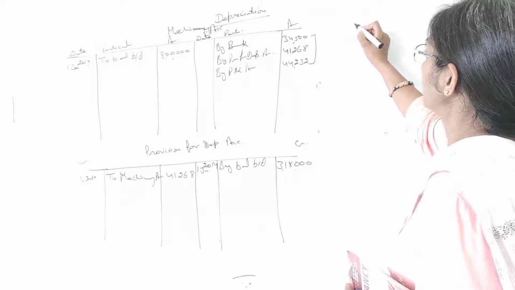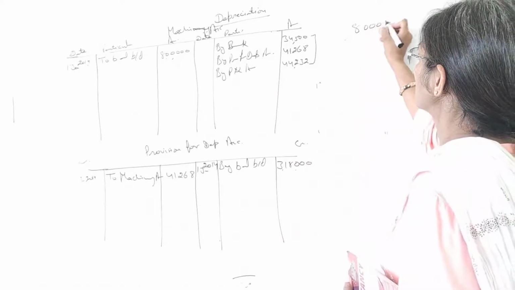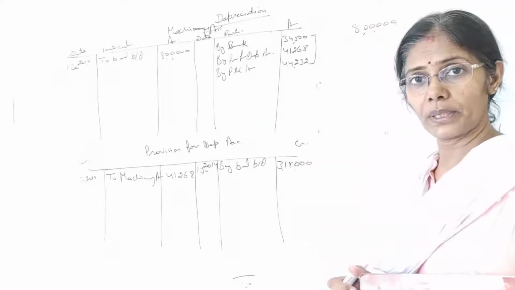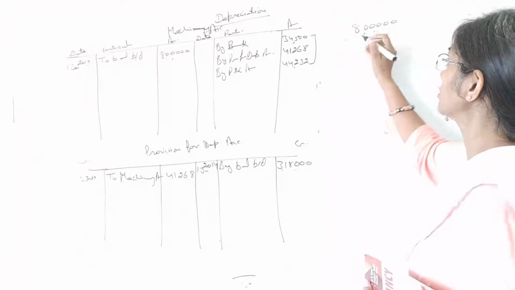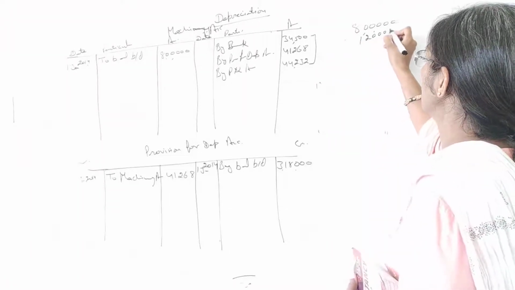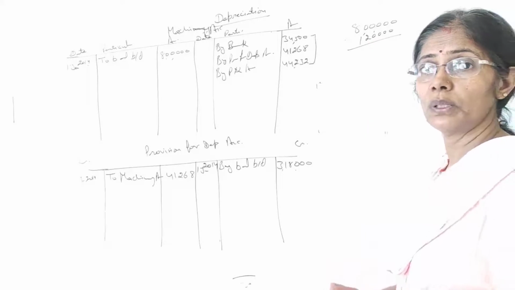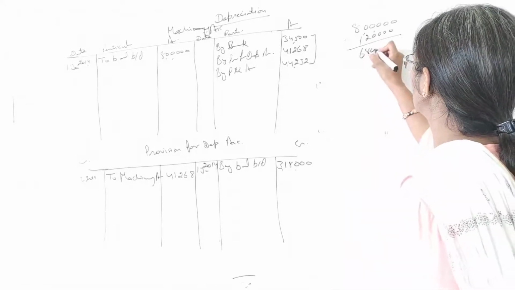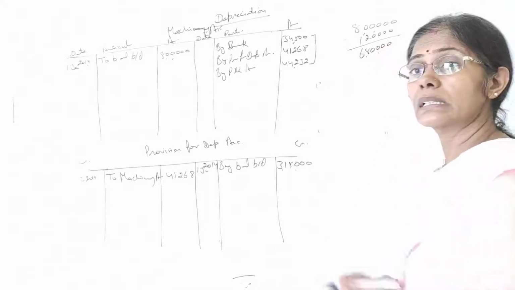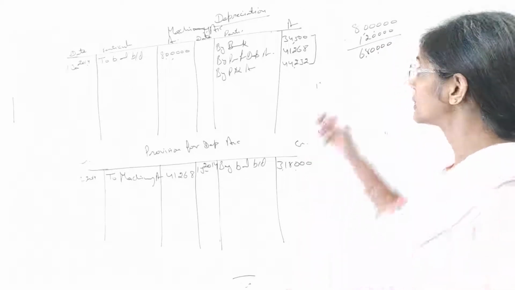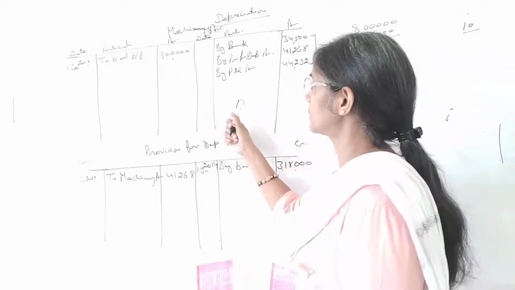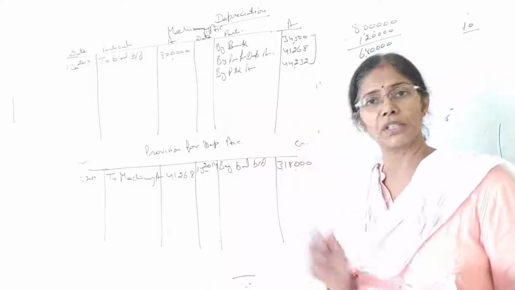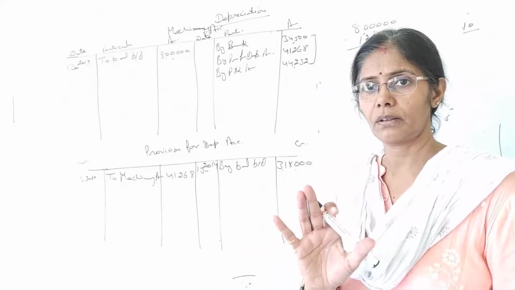The value of your machine in the starting was 8 lakh, and how much have you sold? 1,20,000 you have sold. So what is the value remaining with you? That is 6,80,000. So 6,80,000 is the value remaining with you, on which you still have to provide depreciation.